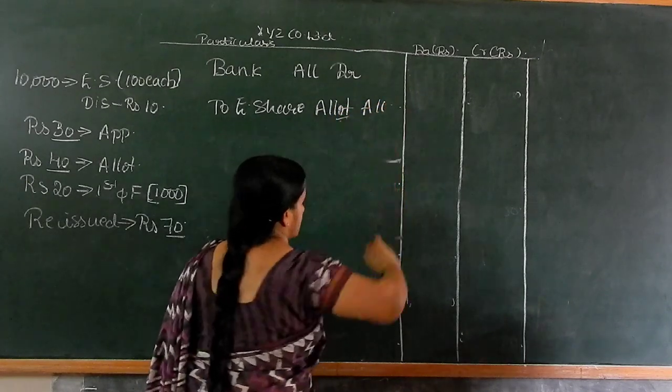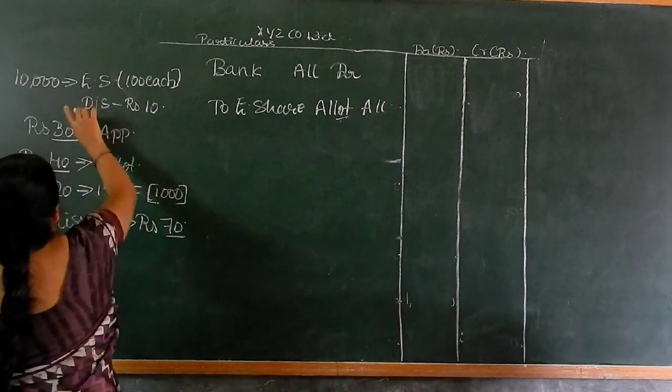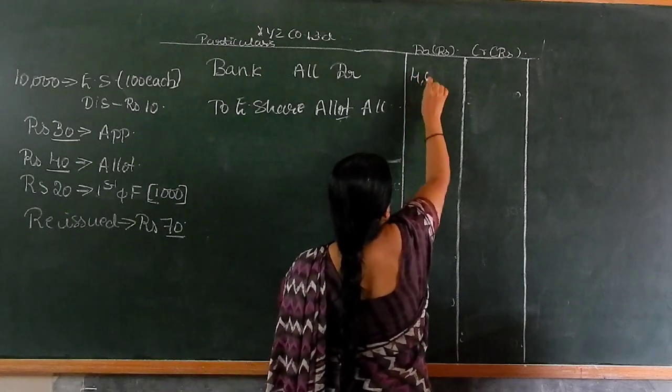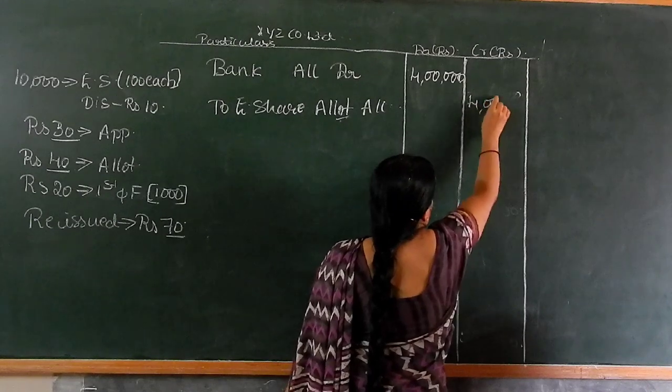Allotment account, that is 4 lakh. Now 10,000 into 40, that is 4 lakh.